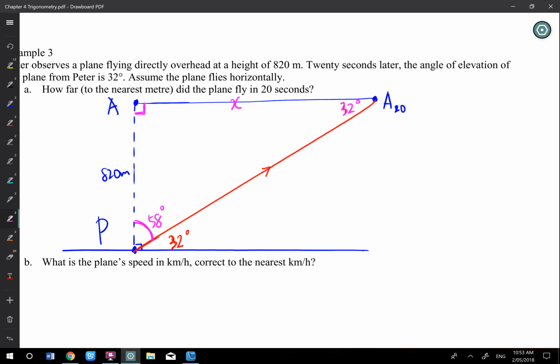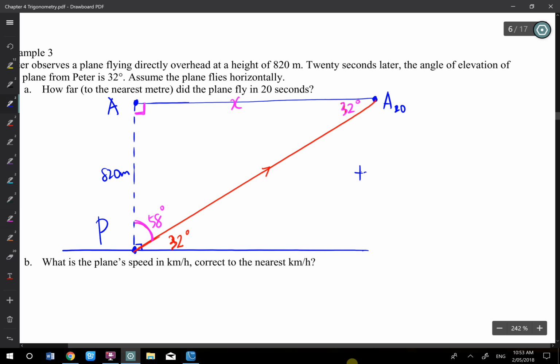What trig ratio should you use? Sine, cos, tan? Tan. Tan of 58 degrees equals x over 820.